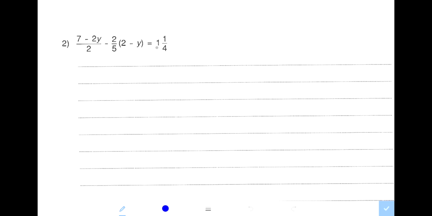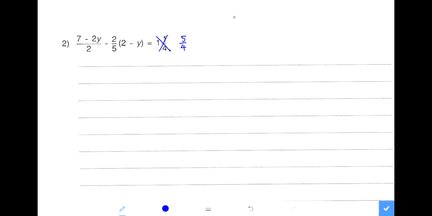Okay, 1 and 1/4. I'm going to change this one to an improper fraction. So 4 times 1 is 4, plus 1 is 5. So this is 5 over 4. Then I look, I have 2, I have 5, and I have 4, a fraction, and another fraction.